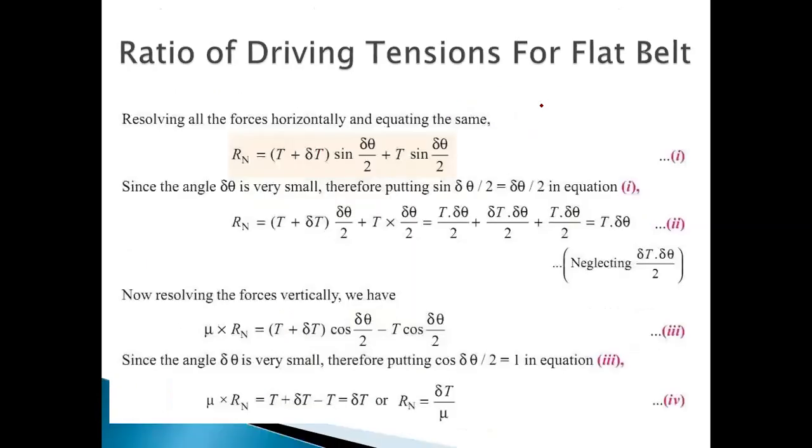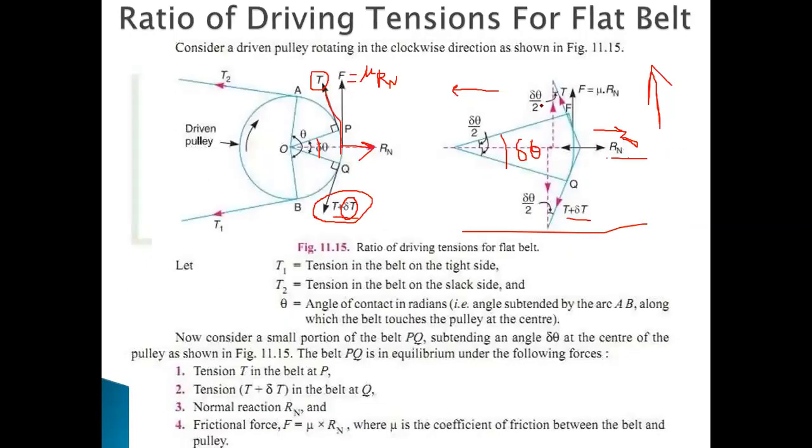The component is T sine delta theta by 2, and this component is T plus delta T sine delta theta by 2. So the normal reaction force Rn is equal to T sine delta theta by 2 plus T plus delta T sine delta theta by 2.